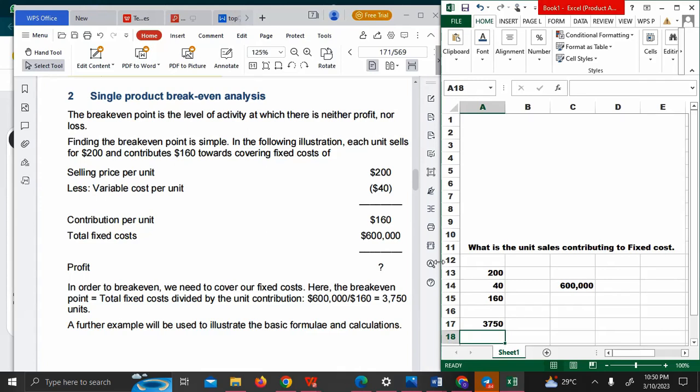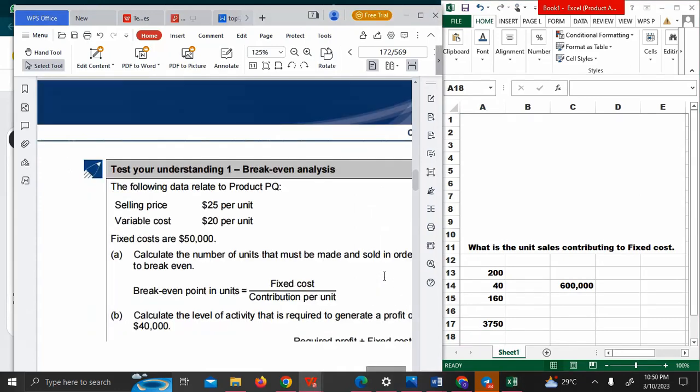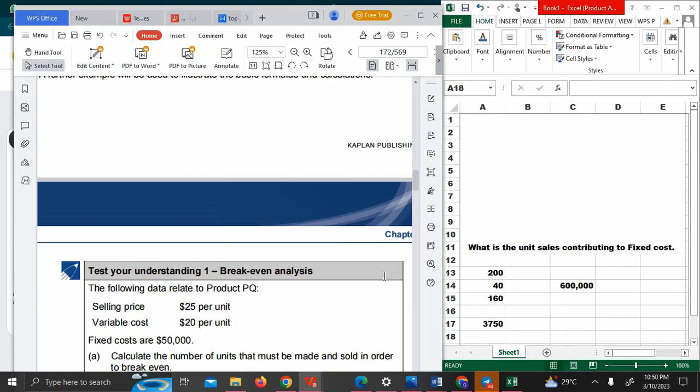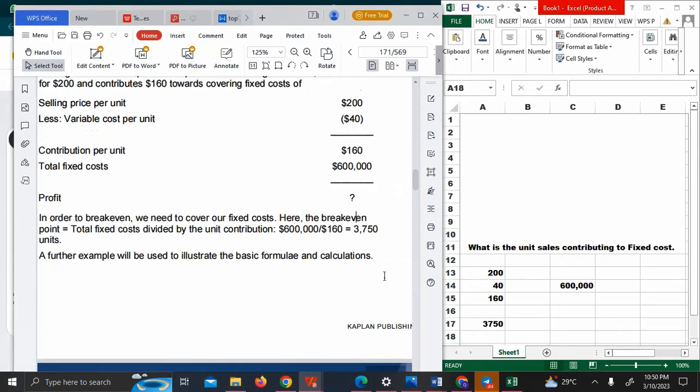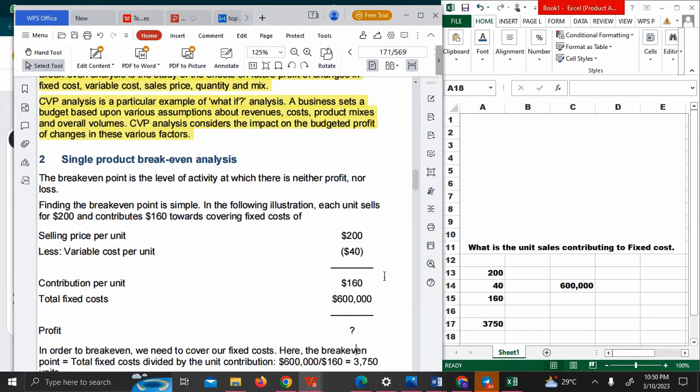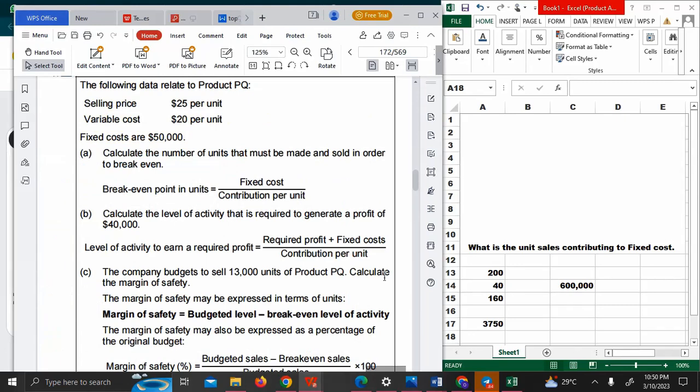That's 3,750. That's the break-even unit. So that's BEP in quantity, units, which is equal to fixed cost over contribution.